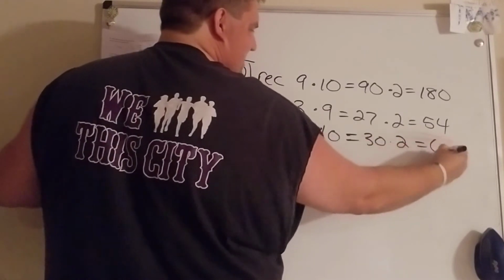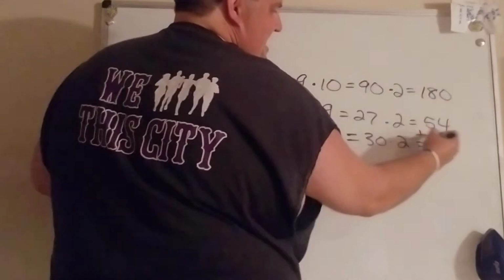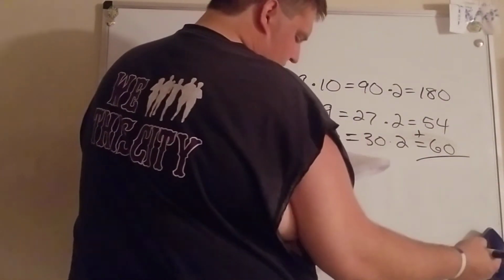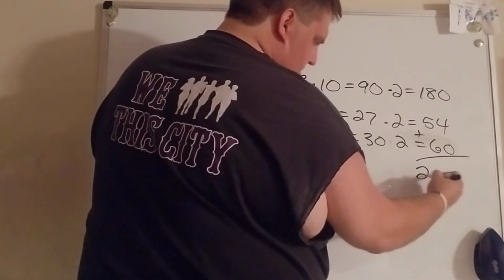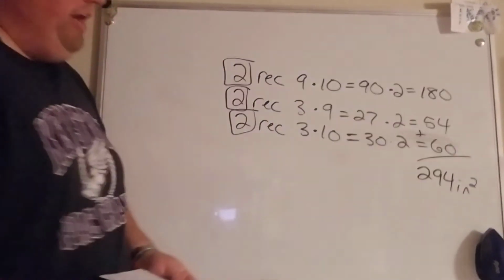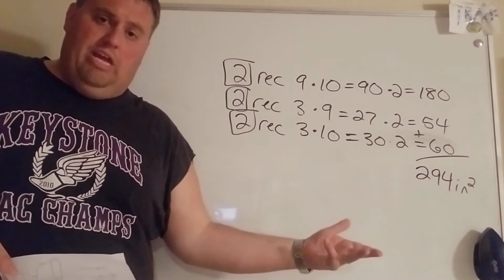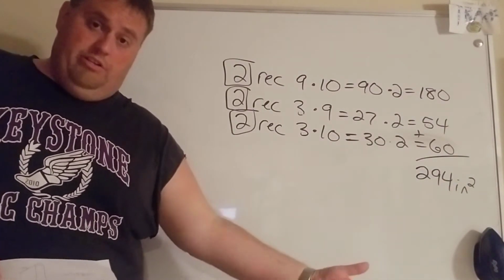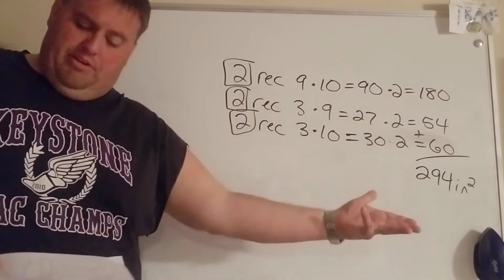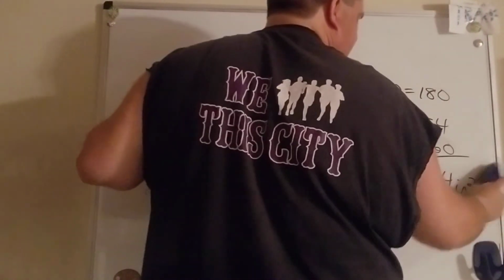Times 2 is 60. That was almost a goof. Add them up. Let's see, that's going to give you 294 inches squared. I didn't make a big deal out of this on the last one, but now we switched to area, so now they're inches squared and yards squared or whatever. All right, on to the back, almost through.